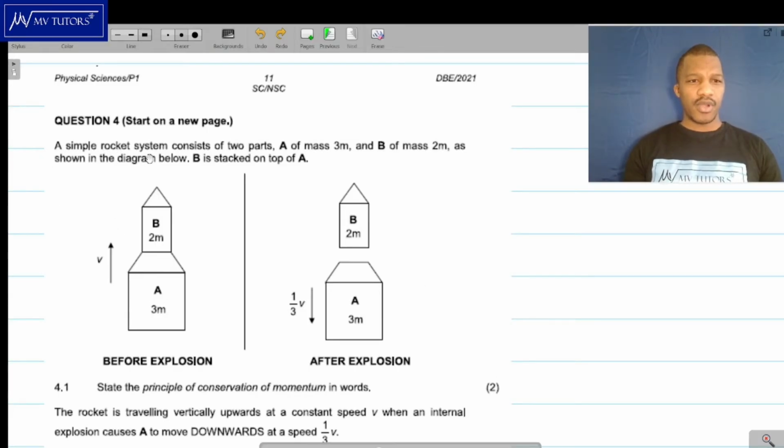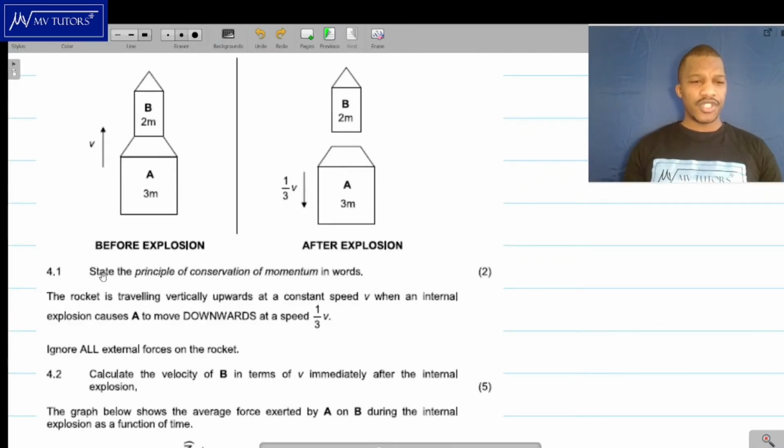A simple rocket system consists of two parts: A, of mass 3m, and B, of mass 2m. As shown in the diagram below, B is stacked on top of A. Okay, I see it in this diagram over here.